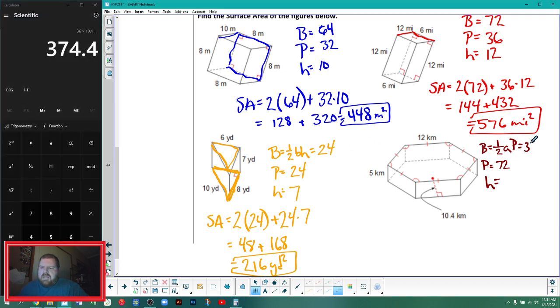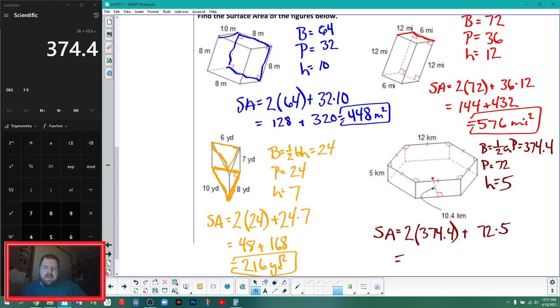We get 374.4. The height between the bases is 5. So our surface area, twice the area of the base. This one's going to get to be a pretty big number. That's okay. Plus the perimeter of the base times the height. Let's figure it all out.